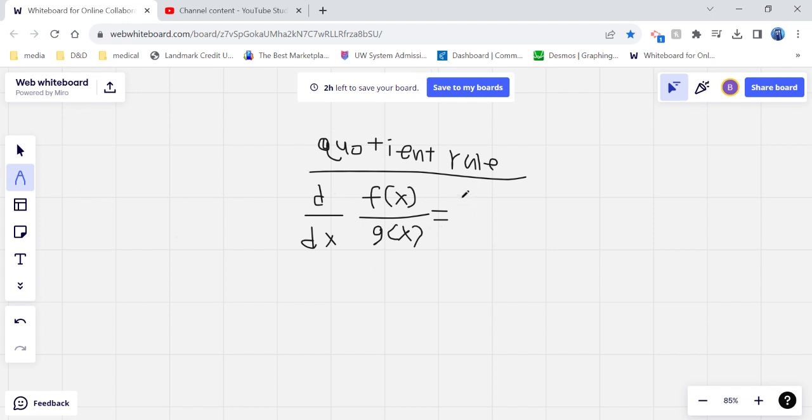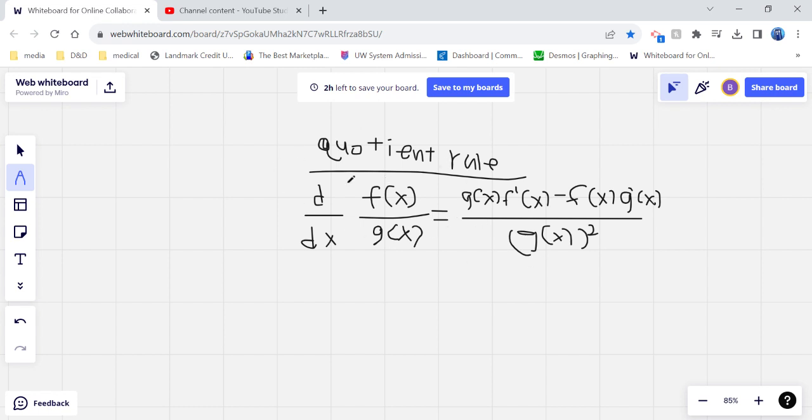So what this derivative ends up being is g of x times f prime of x minus f of x times g prime of x, over g of x squared.